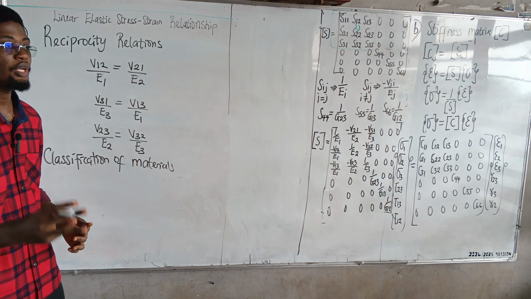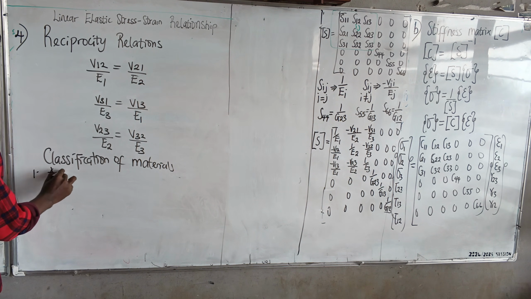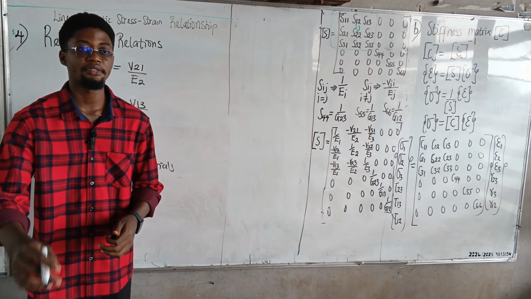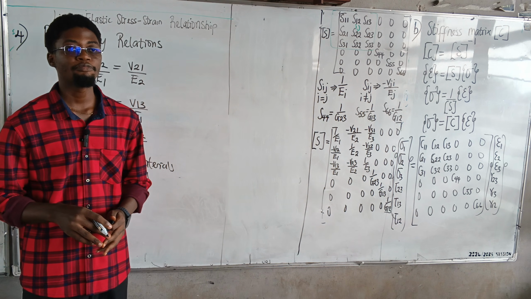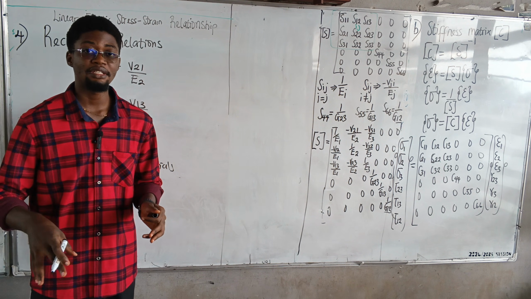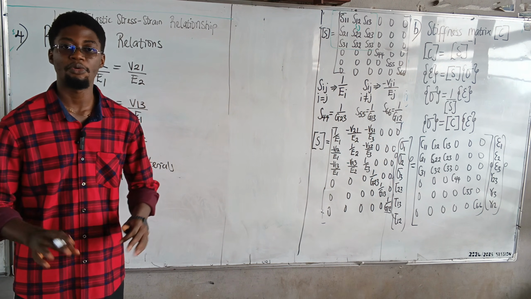We actually have four classes of materials. The first one is called an anisotropic material. So what is an anisotropic material? Anisotropic materials are materials that have properties that are different in all directions. That's what it simply means.